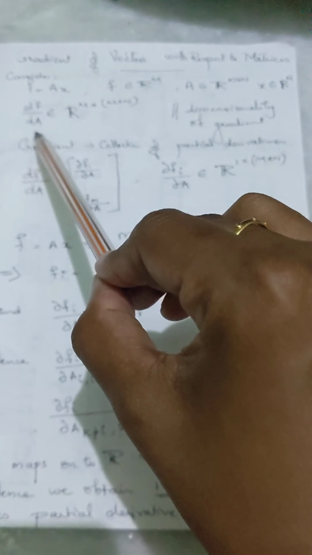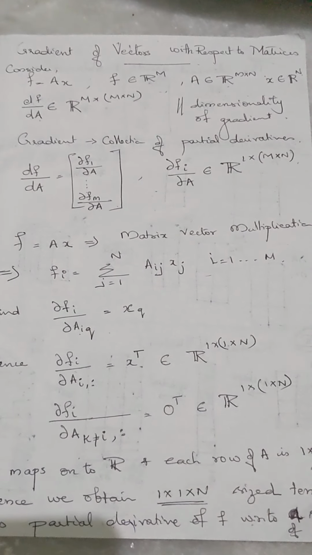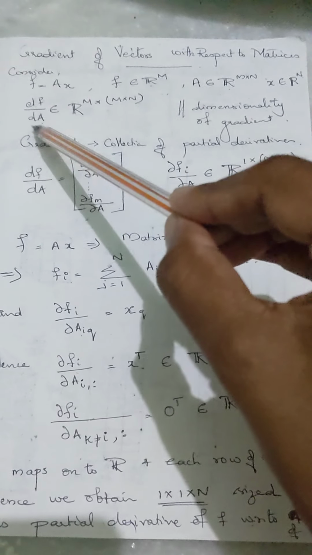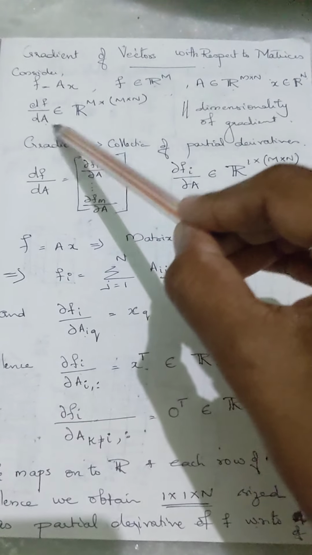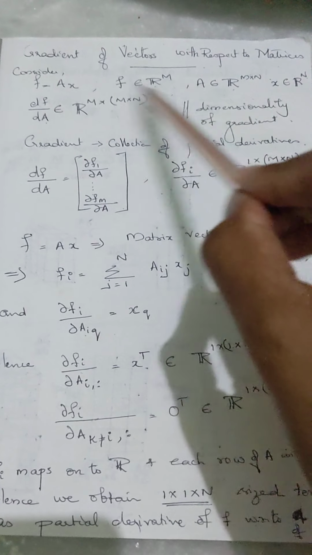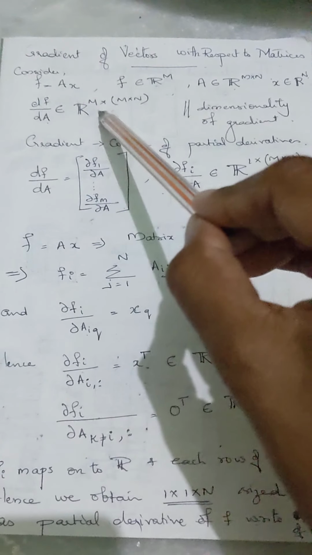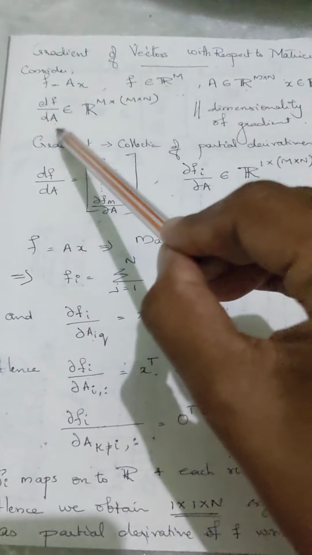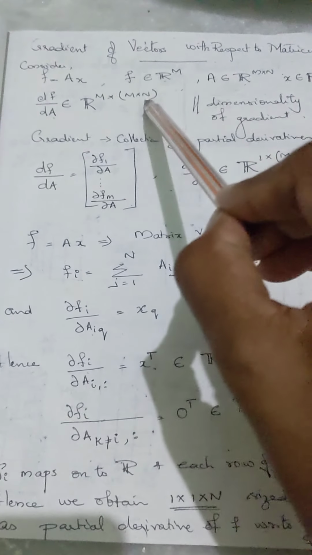When a derivative is taken of that function f with respect to matrix A, the dimension is such that f belongs to R^m, and the size of A is m by n.